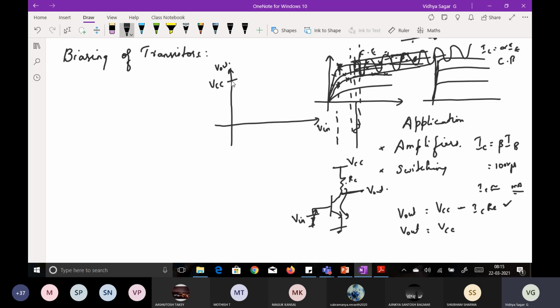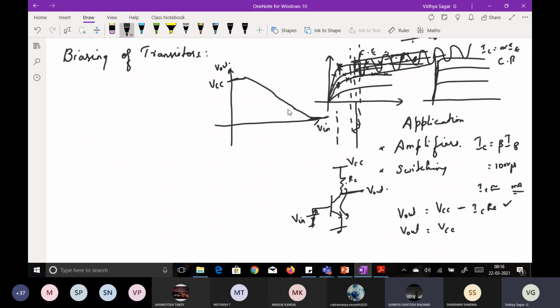So you could see my graph will be constant for some time. After that, it decreases and goes to 0, the final value. Why? Because when ICRC is equal to VCC, V output will be 0. Clear?